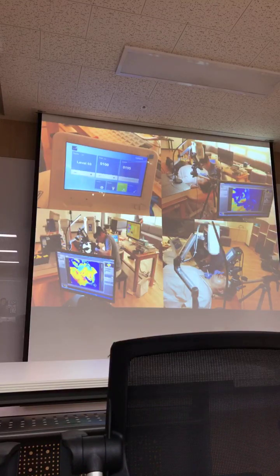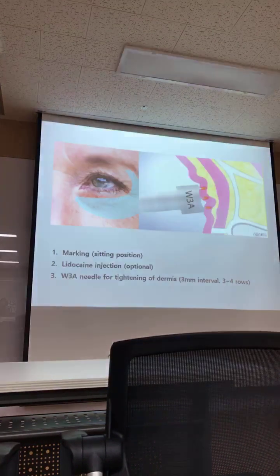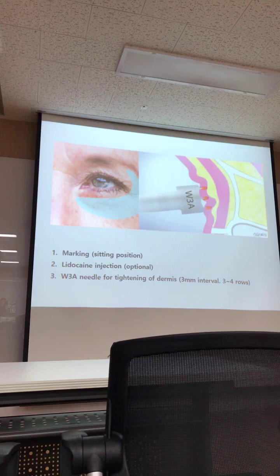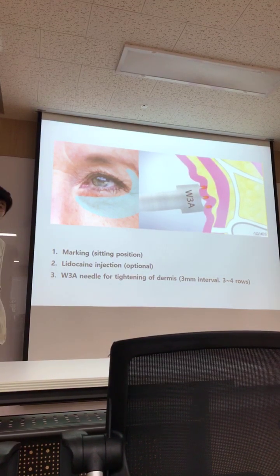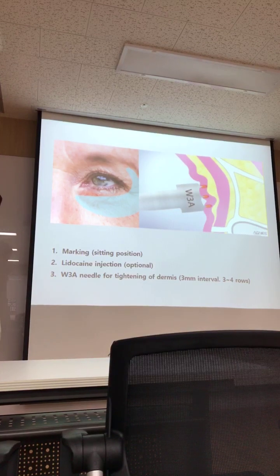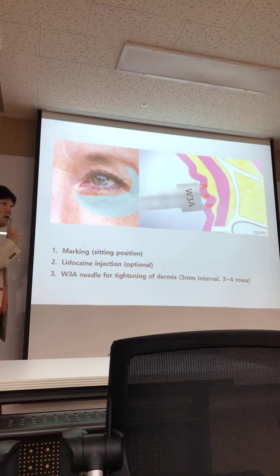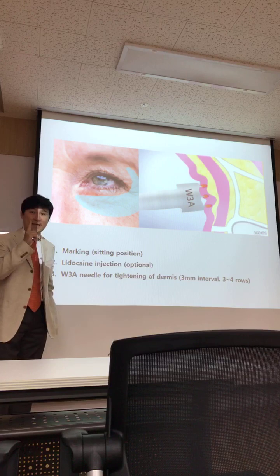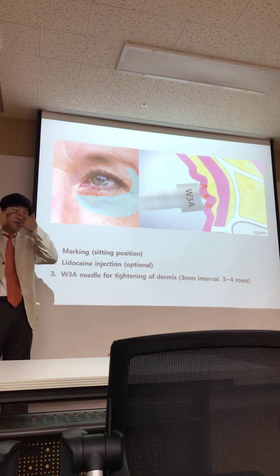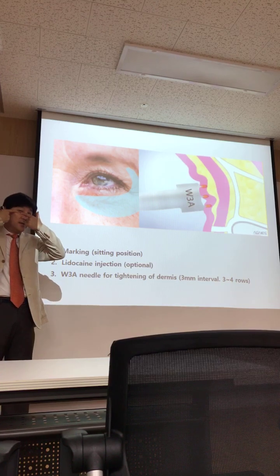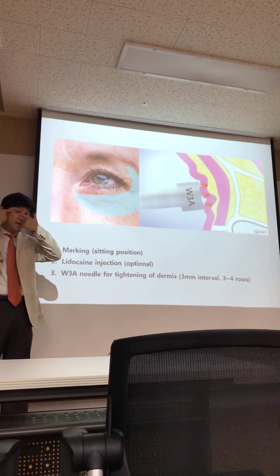And this is our lab. Treating the eyelid wrinkle is very simple and very easy, but one important tip during the treatment of the periorbital area is to stretch the skin very tight.